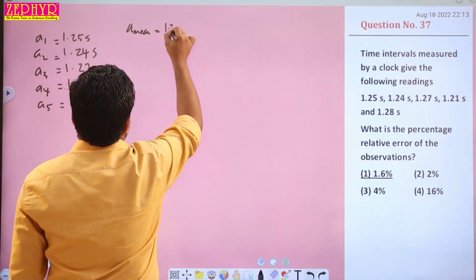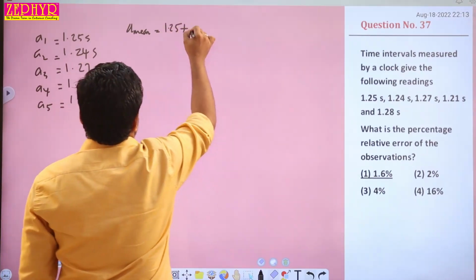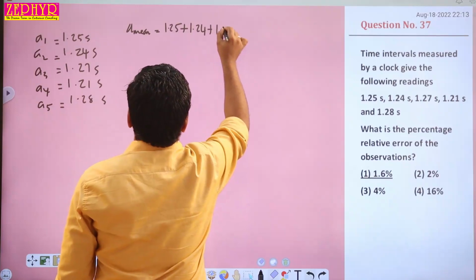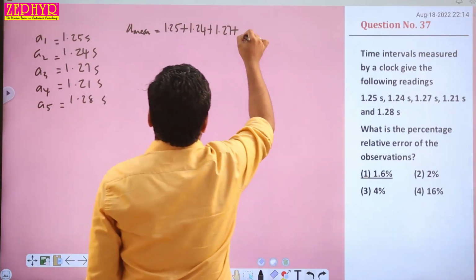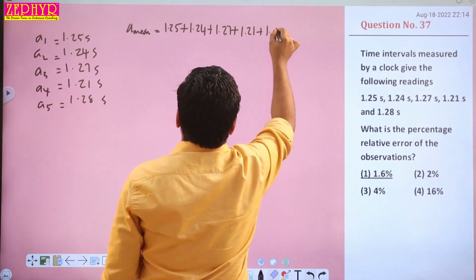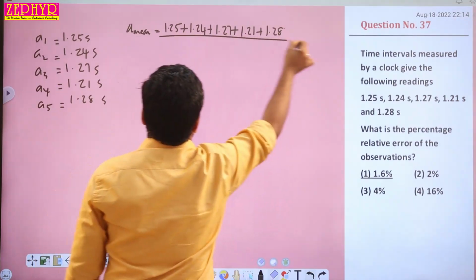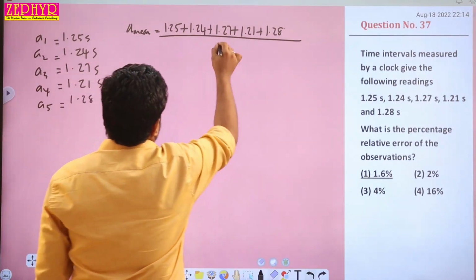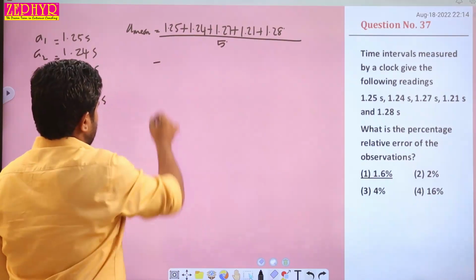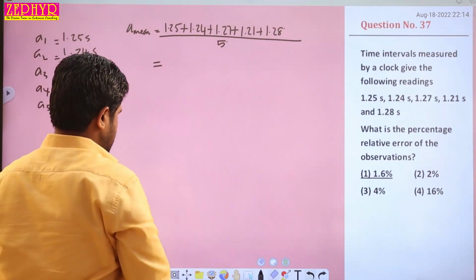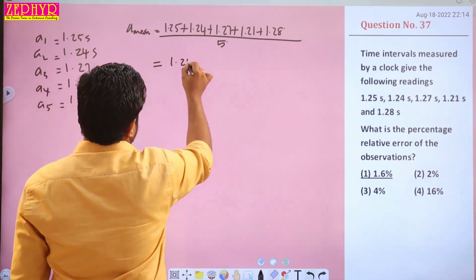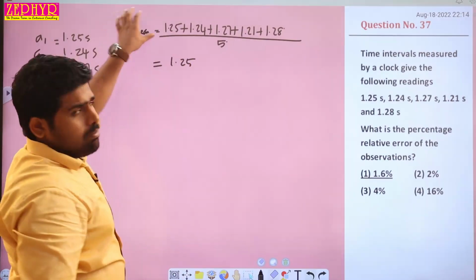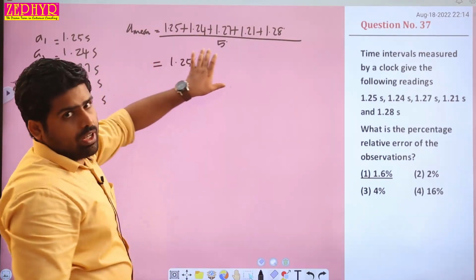So 1.25 plus 1.24 plus 1.27 plus 1.21 plus 1.28, all divided by 5. Its answer is 1.25. So the A mean value is 1.25.